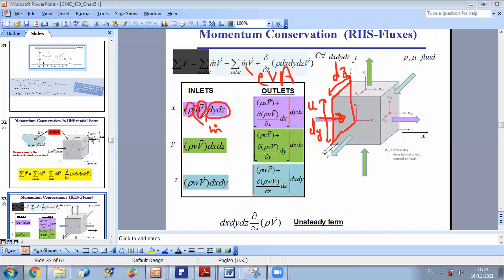Now for the outlet flux, we can use here the Taylor expansion method, with the truncation error, because we are just considering the first order, the first derivative.